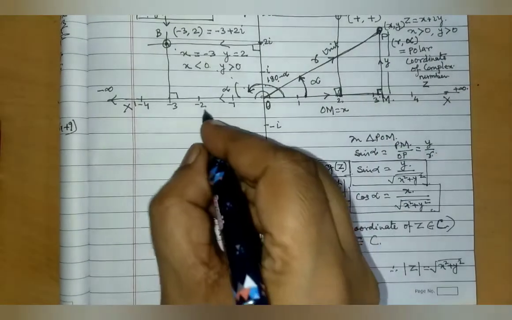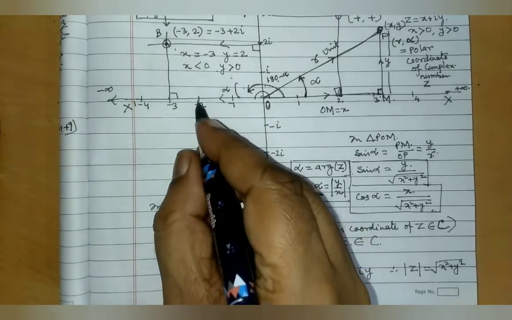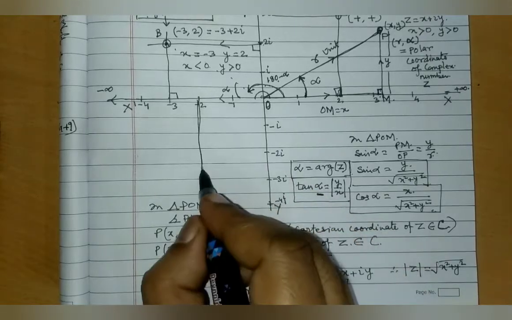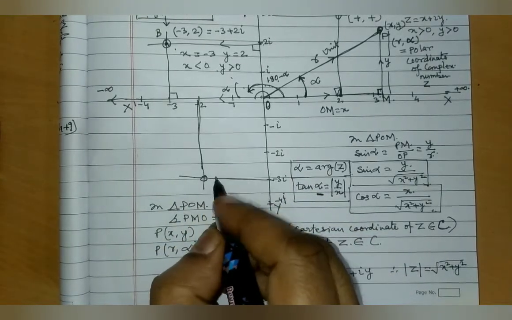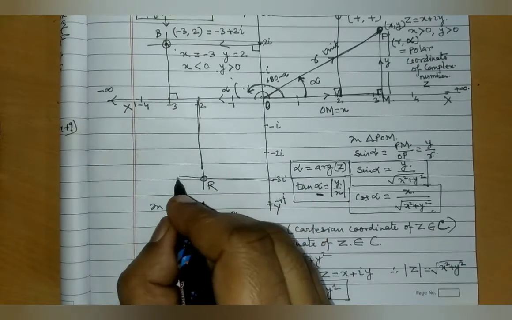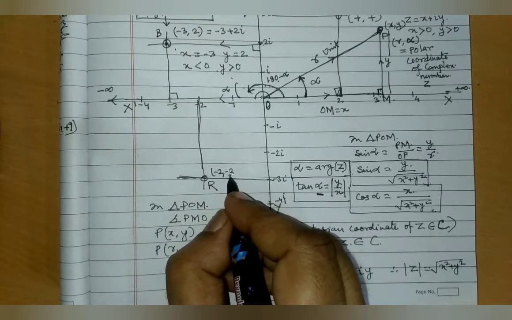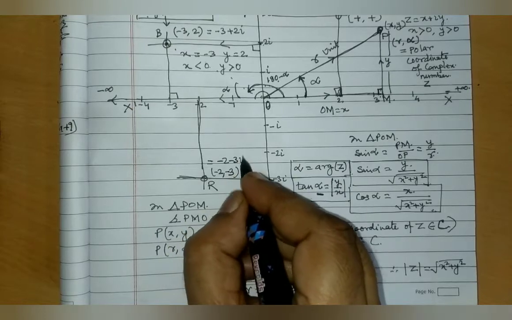So suppose I take a perpendicular from -2 and another from -3, so we will get a point. Suppose it is R, so its x coordinate is -2 and y coordinate is -3, so it is representing -2 - 3i.